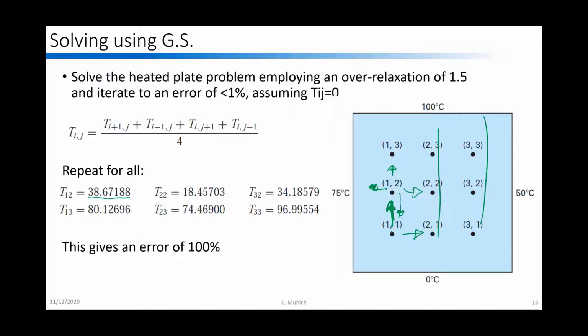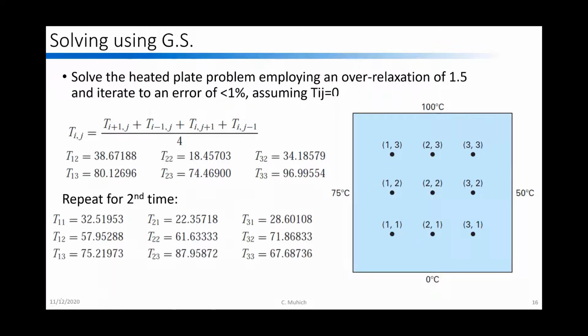Okay, so after I go through my full first iteration, I end up having an error of 100%, right? I've gone from having zeros everywhere to a bunch of new numbers, so that's a 100% error.